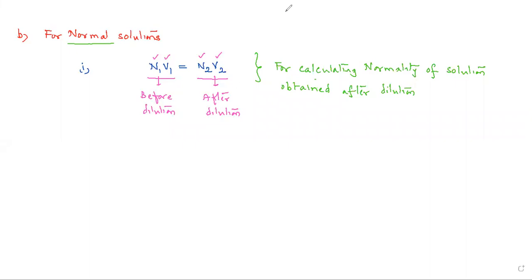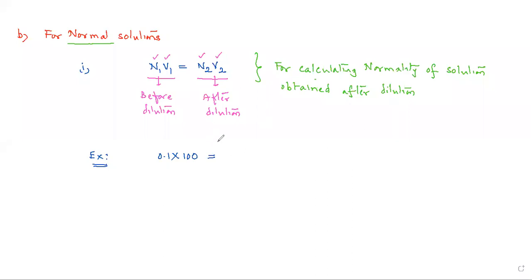We can actually take an example of the same old type. Say we have 100 ml of 0.1 N, I mean decinormal solution.